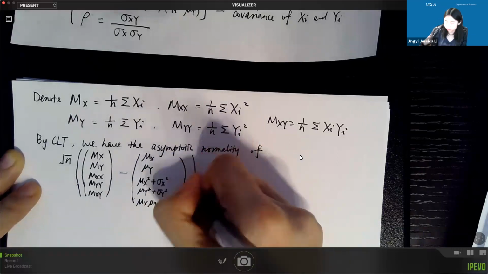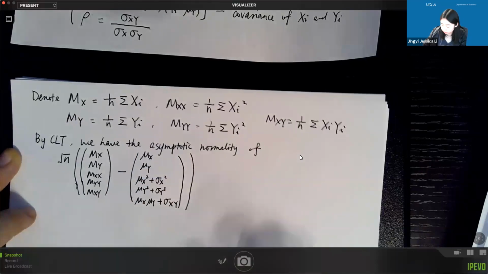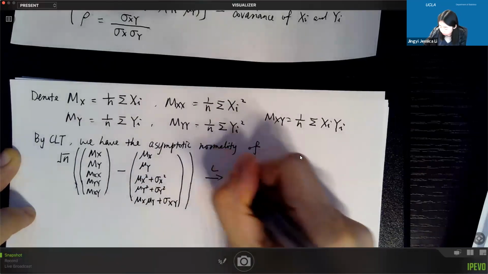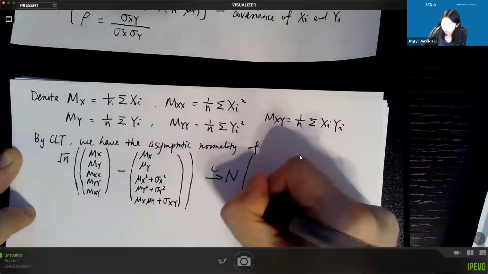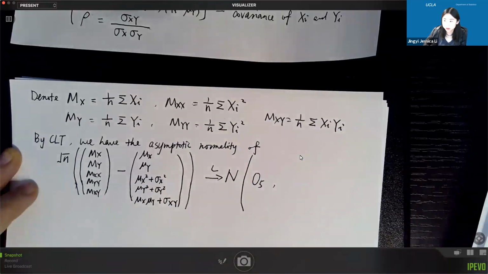That's their mean. And these 5 things will converge in law to a 5-dimensional normal distribution. So the mean is 0, a 5-vector, and the covariance matrix will be a 5 by 5 covariance matrix.